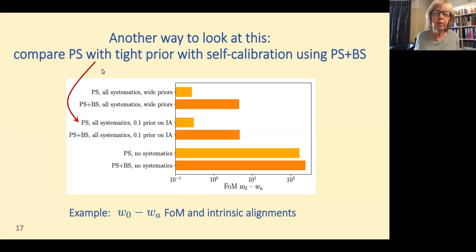First of all, if we use the standard method, which is the power spectrum only, but use a tight prior based on some external calibration data, you can compare that with what we did here, which is use the power spectrum and a bispectrum, but essentially a wide, completely uninformative prior.